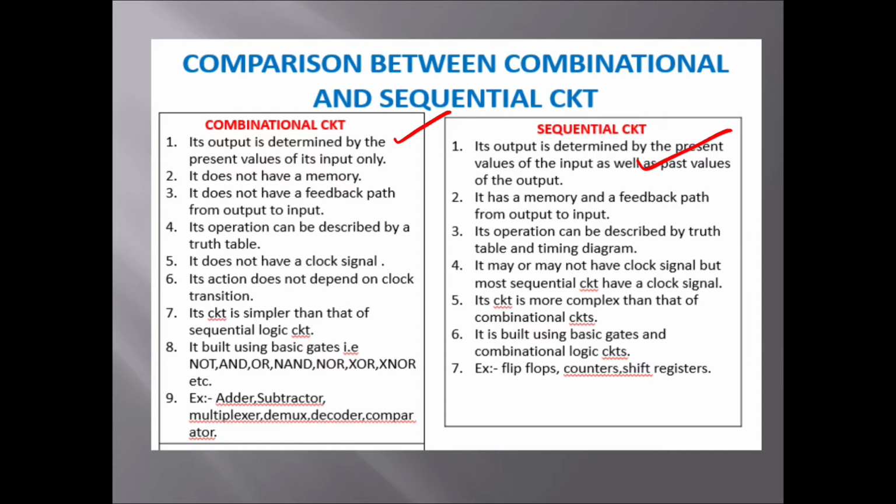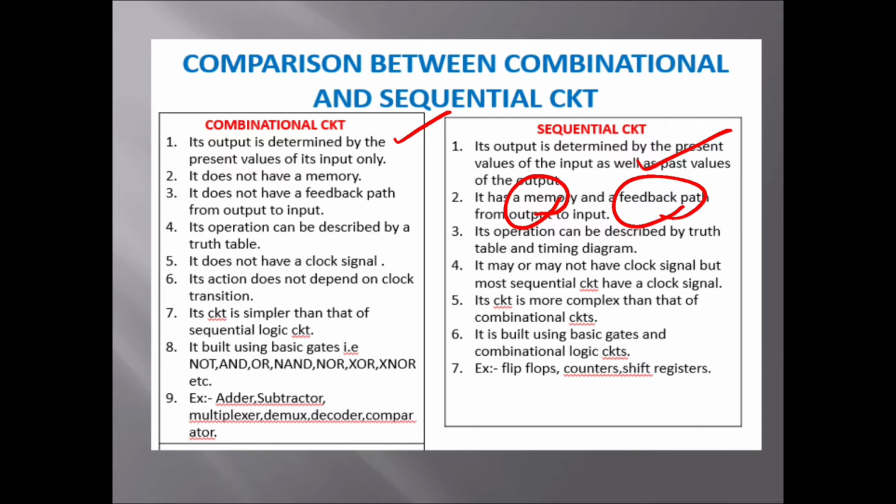In a combinational circuit, because output depends only on input, it has no memory element and no feedback path. While in a sequential circuit, it depends on input as well as past output. It has a memory element and a feedback path from output to input.